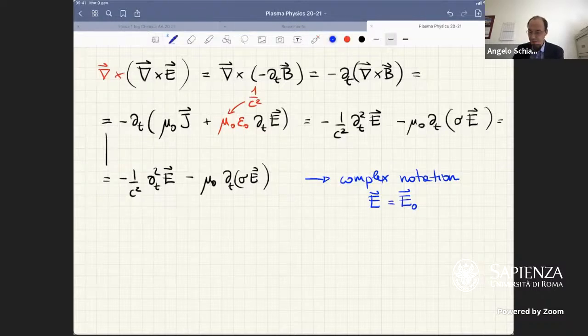And then we have a perturbation E1 times the exponential factor e to the i(kx minus omega t).